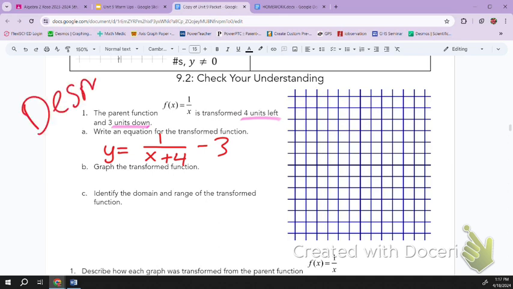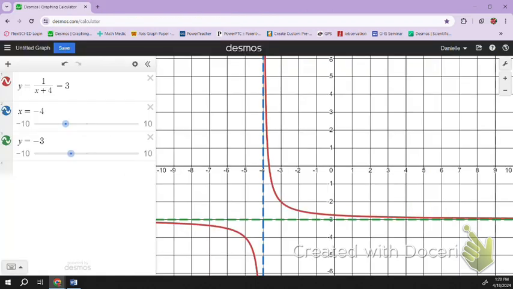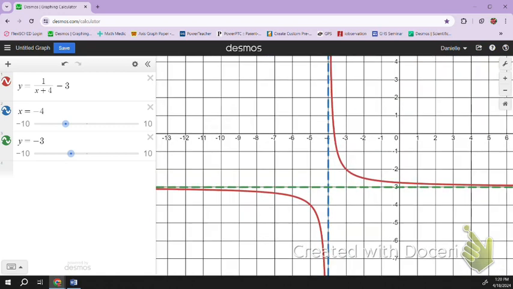We'll make a sketch. We're going to look at our asymptotes. So now will you add this to your check for understanding? Again, I think it's easiest when you graph your asymptotes and sketch around it from there. So you're adding this to your check for understanding. And then we'll move on.